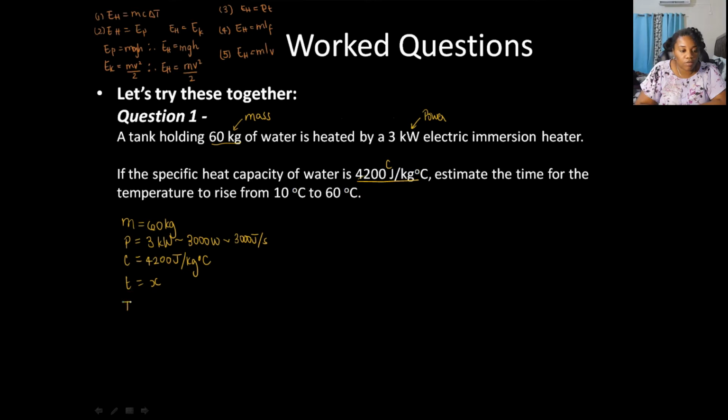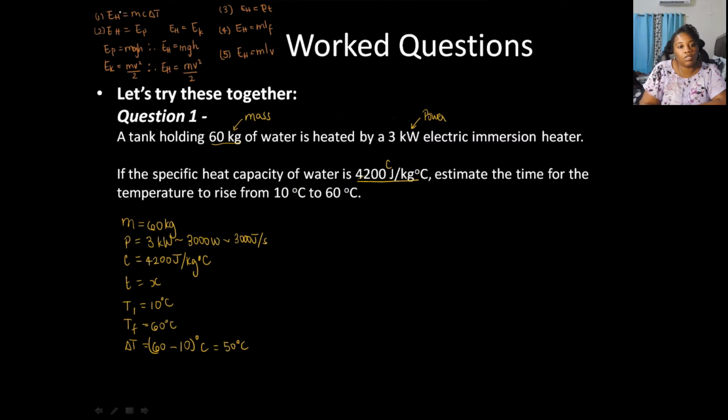So we have initial temperature, which is 10 degrees Celsius, to final temperature, which is 60 degrees Celsius. So delta T would be 60 minus 10, which is 50 degrees Celsius.